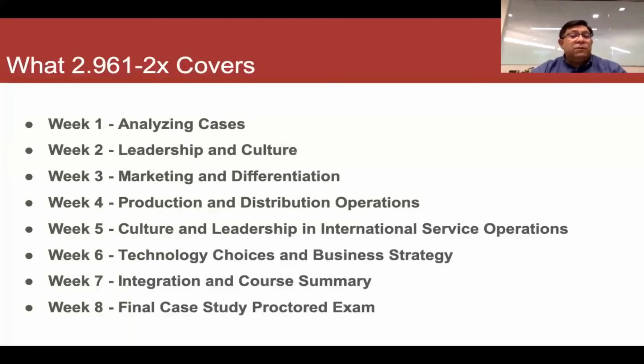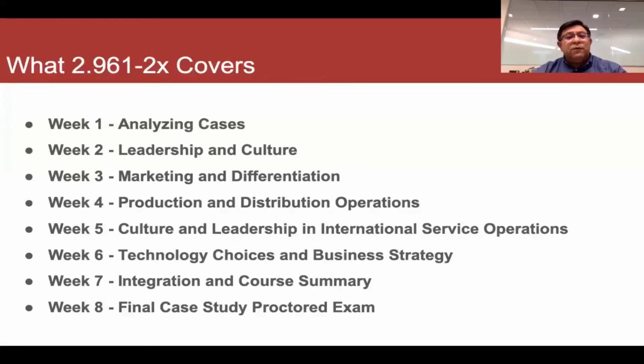And so we want to make sure you understand how to write a case analysis. We think that's very important. It's also good practice as you use these same skills in order to educate and explain what you're learning to your colleagues, because hopefully you're going to be putting into action right away what you're learning in these classes.